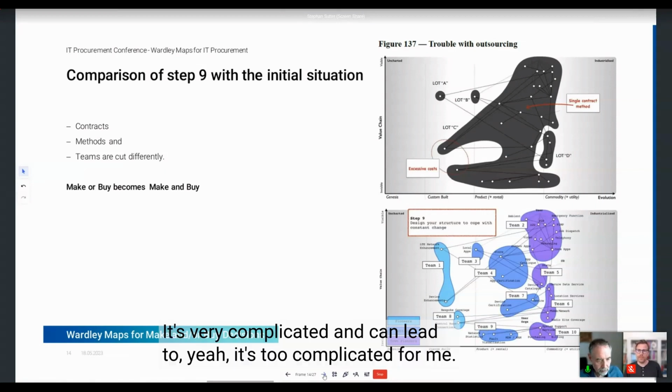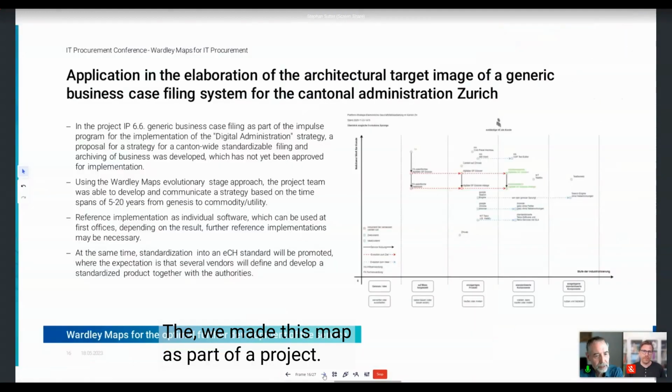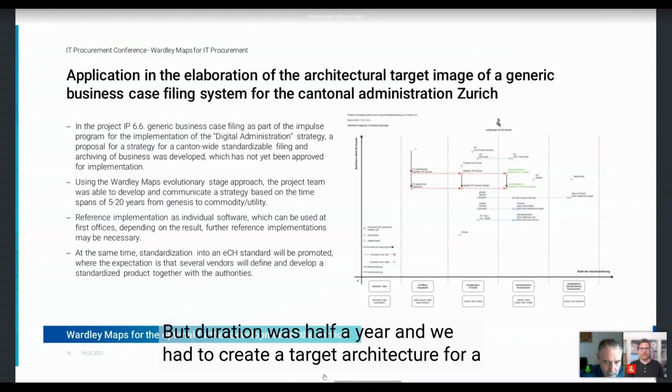It's very complicated and can lead to, it's too complicated for me. We made this map as part of a project. It was a project which had an effort, maybe, I don't remember the effort, but duration was half a year.